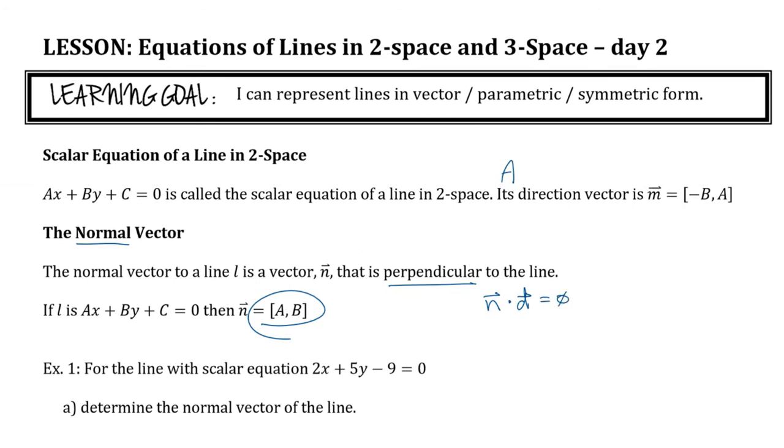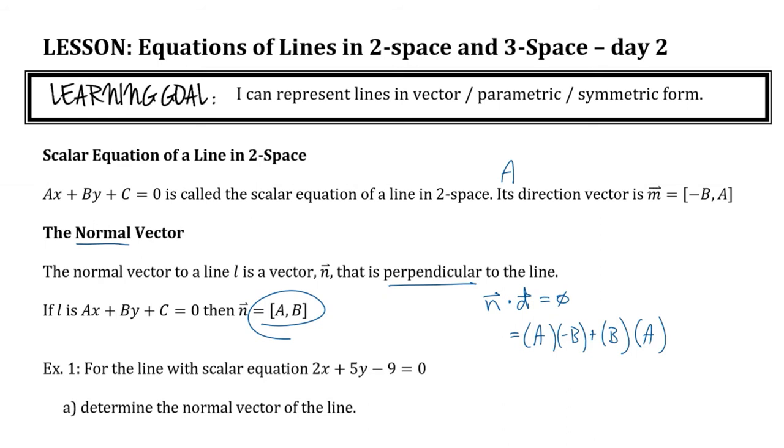And if we think about this, vector n is a, b, and the direction vector, m, is negative ba, so negative ab plus positive ab, so that is going to be 0. And that's why we can think of a direction vector as being negative ba.